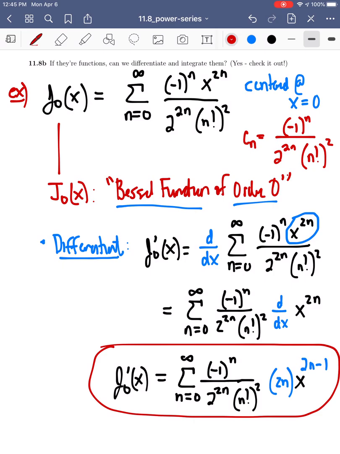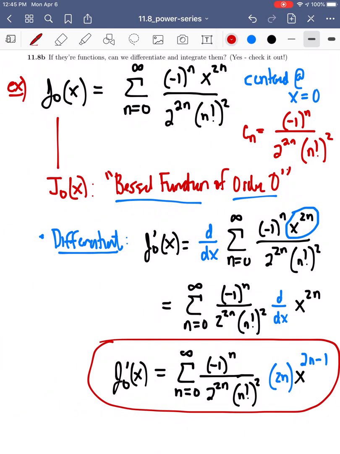Let's go ahead and try to integrate it as well. So if we go ahead and integrate it, again, we start both sides by just writing it out.